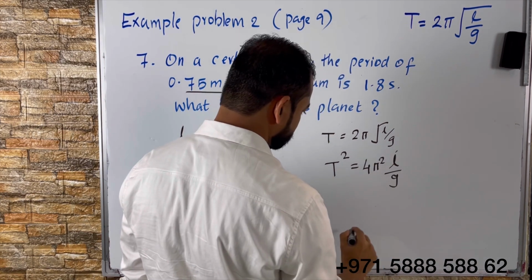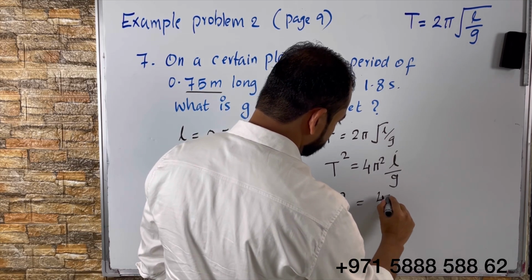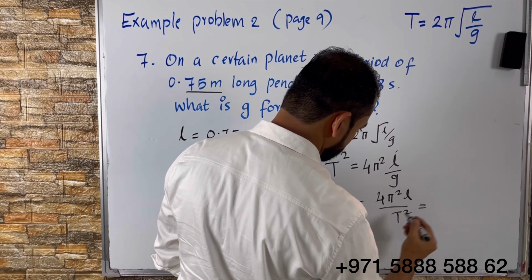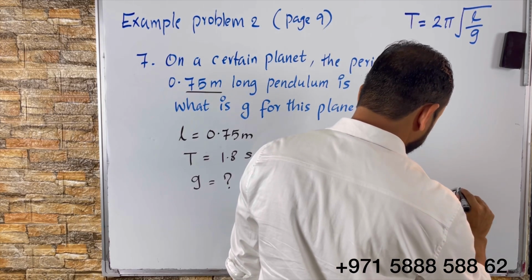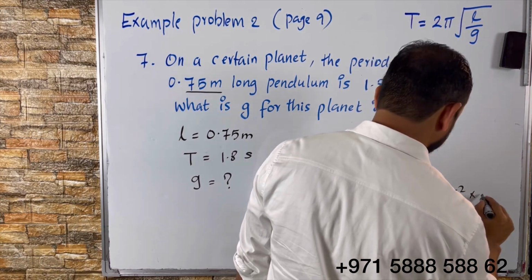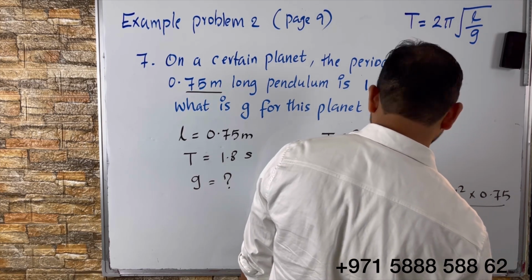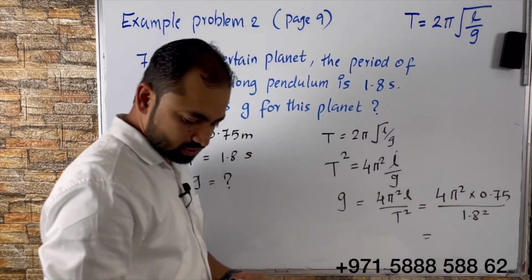We need to calculate G. So G will cross the bridge and will come here. So it will be equal to 4 pi squared L over t squared, which is equal to 4 pi squared times 0.75 divided by t squared. The value of t is 1.8, so 1.8 squared. So what's the answer?